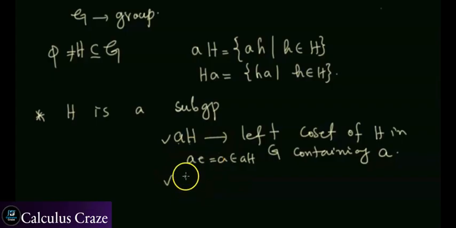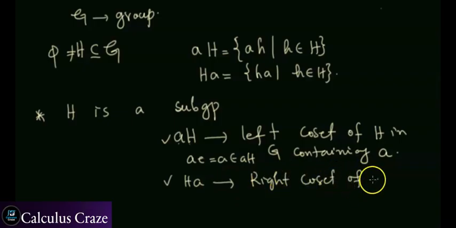This AH is called the left coset, while this HA is called the right coset of H in G containing A. By a similar argument, you can say why this A is inside this HA.